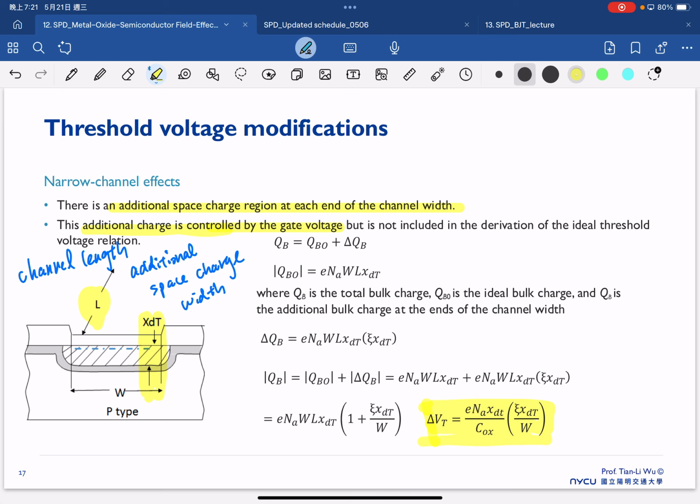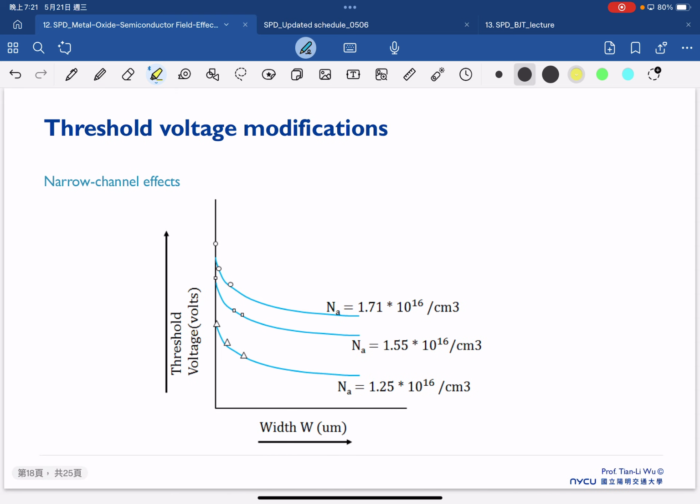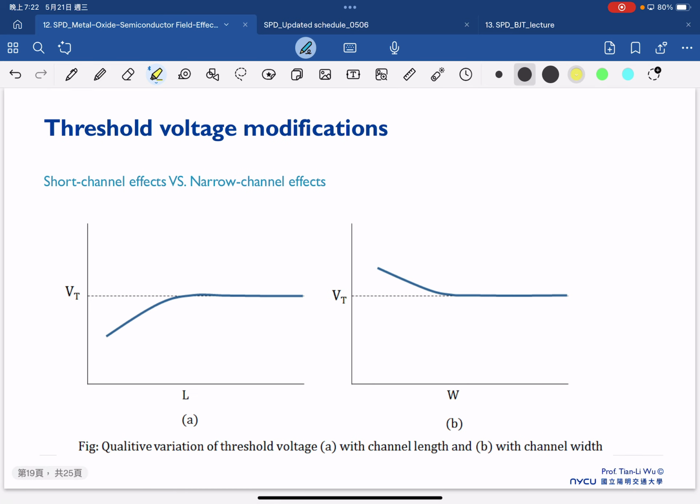That's what we call the narrow channel effect. So this is another non-ideal effect related to threshold voltage that you should know. So in the end, considering the narrow channel effect, we can see that with shorter channel length we actually get the higher threshold voltage. So here is a conclusion between the short channel effect and the narrow channel effect.